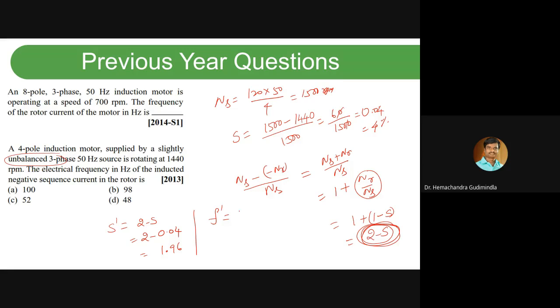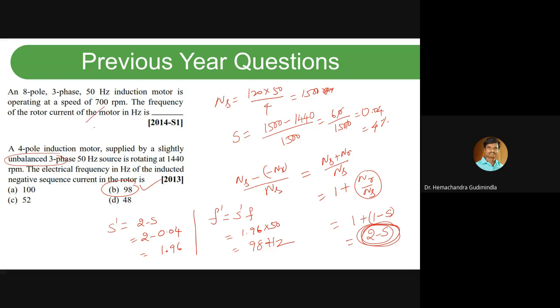Rotor frequency f dash equals s dash into f, 1.96 into 50 hertz. That will become 98 hertz. Now option B is correct.